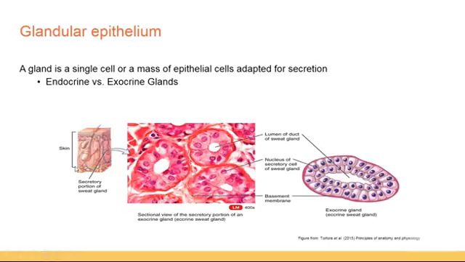If we look at the skin, you can see here again we've got these cuboidal shaped cells, and there's a number of layers of them, and here we've got an exocrine gland because we know that sweat is released to the outside of the skin.